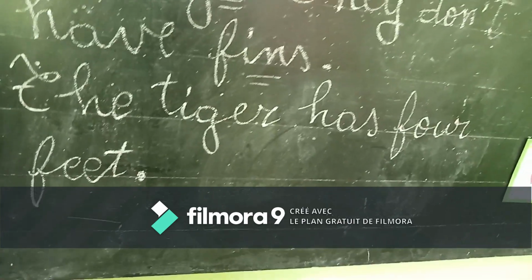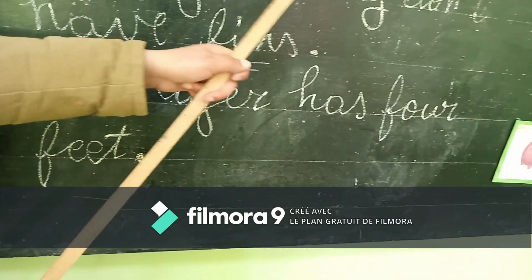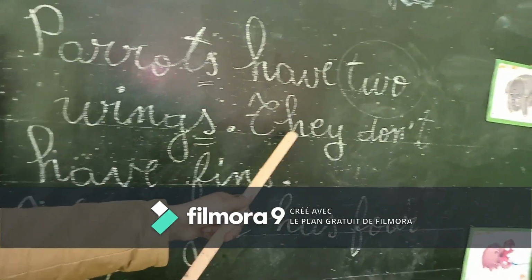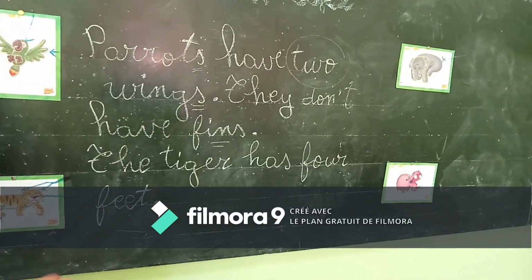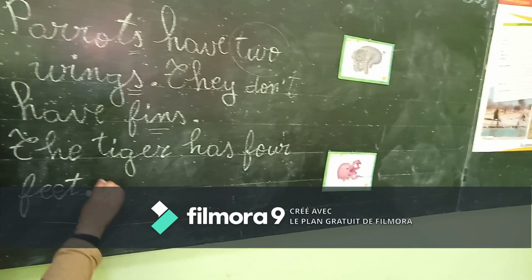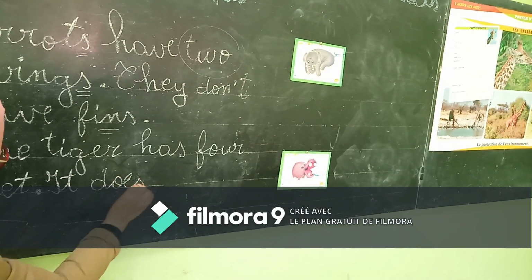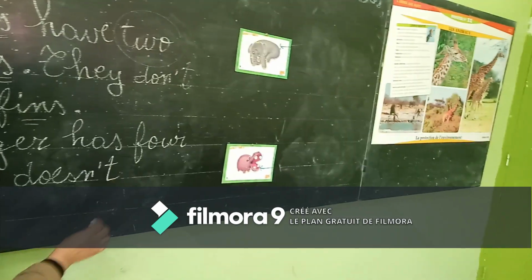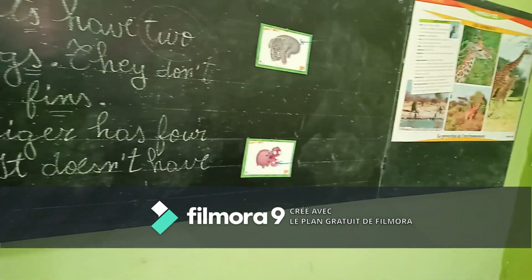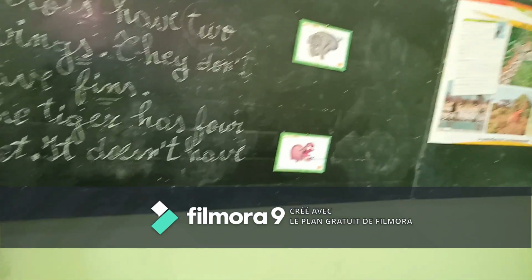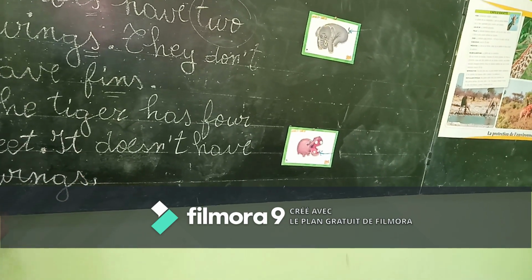Full stop. Then we're not going to say they. Why? Because they is for the plural, with s. But here we don't have s, so we're not going to say they, we're going to say it. We say it doesn't have, let's say, wings. Full stop.